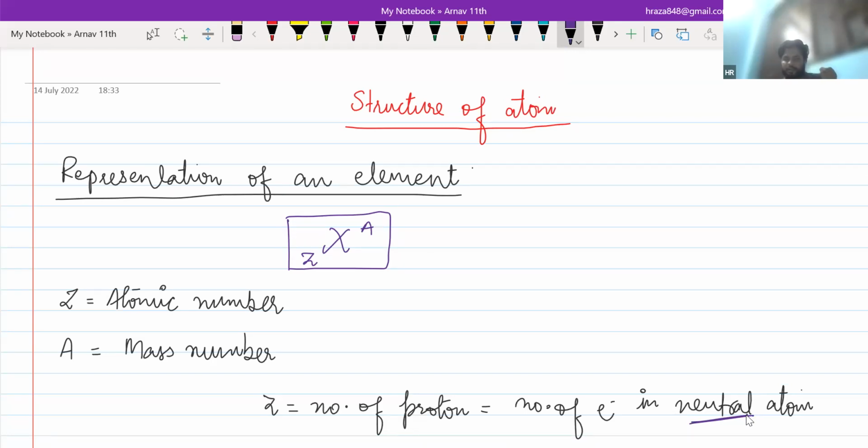If there is any charge on the atom, that means if there is positive charge, that means it loses electrons, and if there is negative charge, that means it gains electron. That means the number of electrons is not equals to atomic number. Am I clear? Yes, sir.